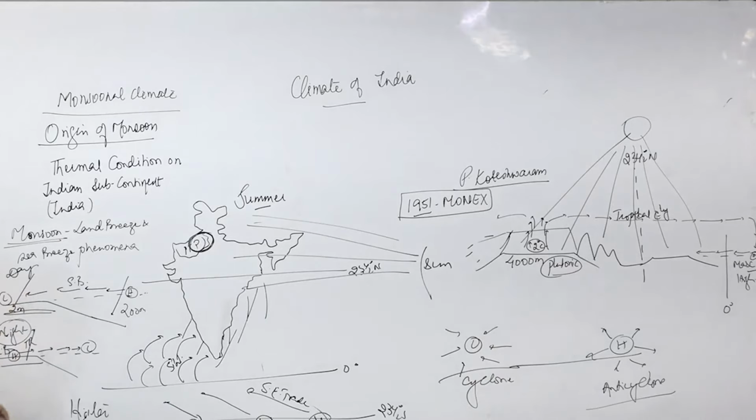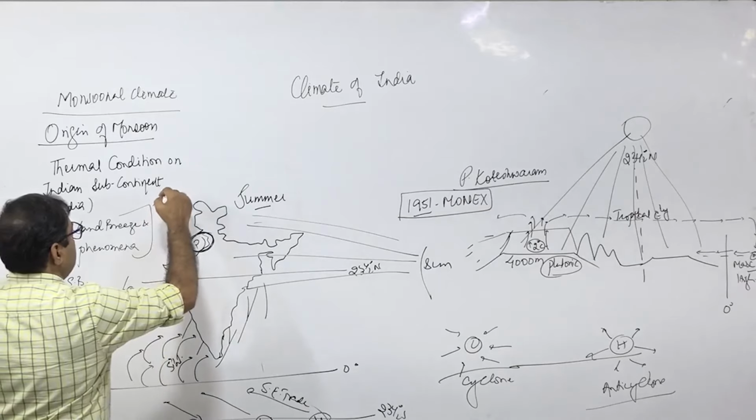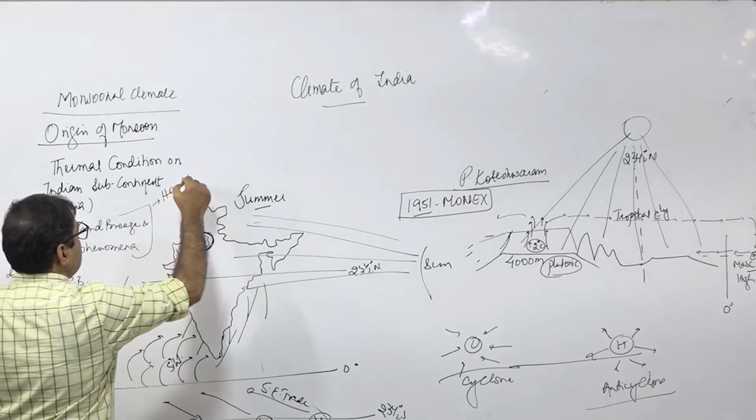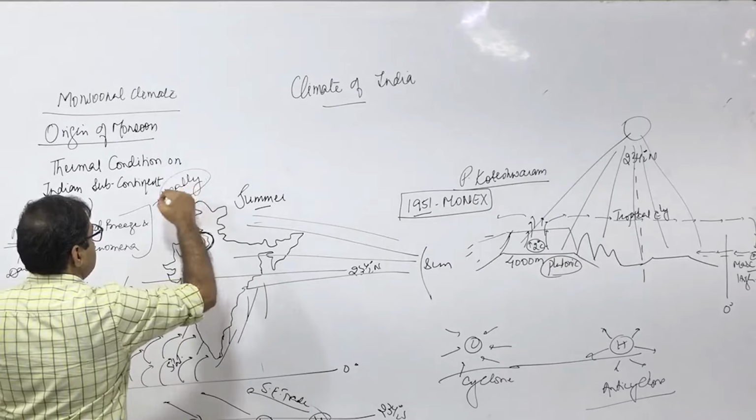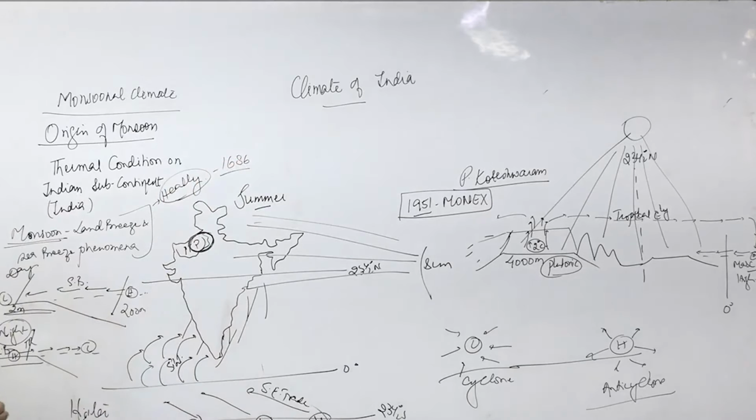So accordingly, the rate of heating is responsible for the movement of wind. Right? ये concept दिया था Halley. This was explained by Halley in 1686, the thermal concept of origin of monsoon.